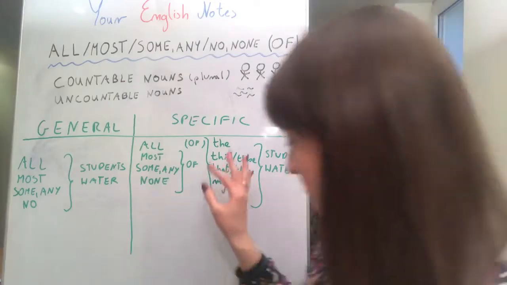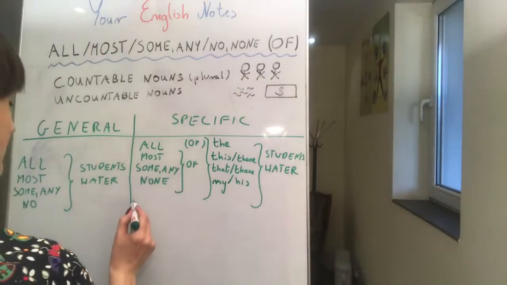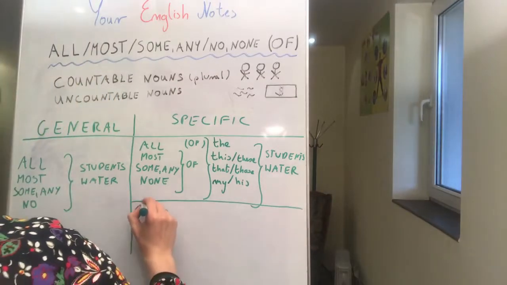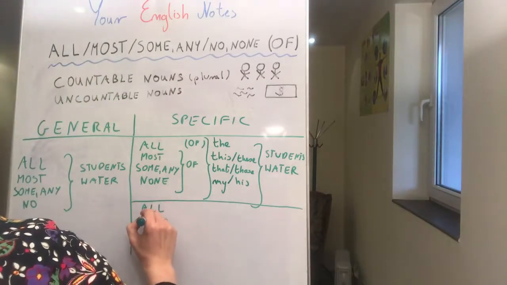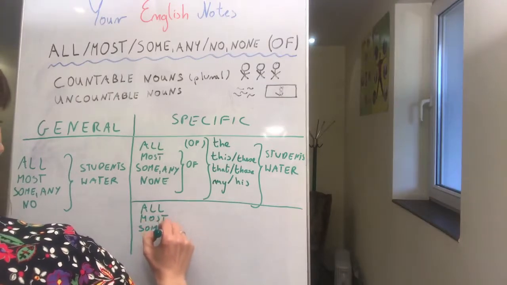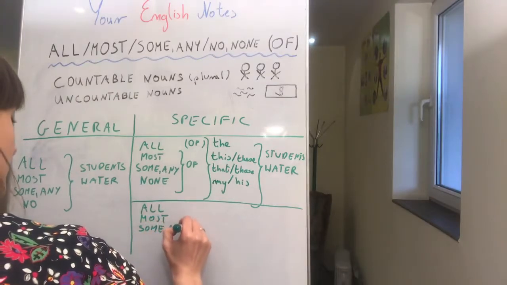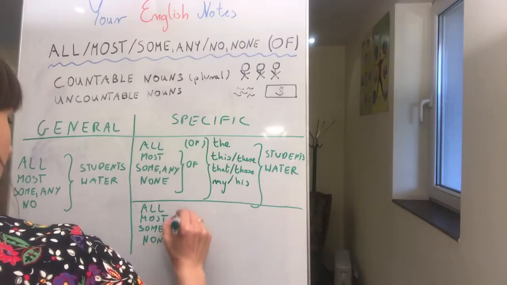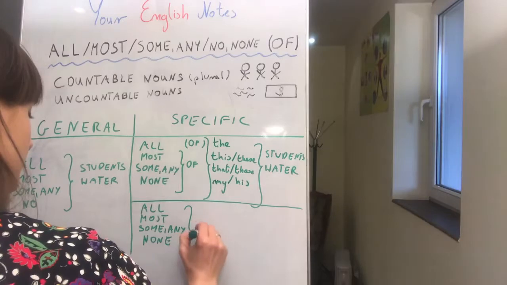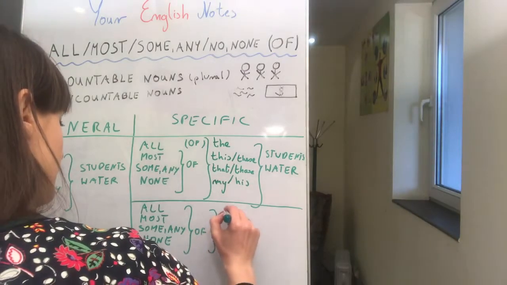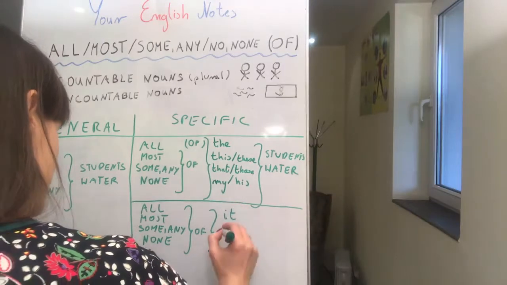I will just write one more thing, because here we can use also all, most, some, or any, and none. And again we can use of, and we can use it with pronouns, because of course they are also specific.